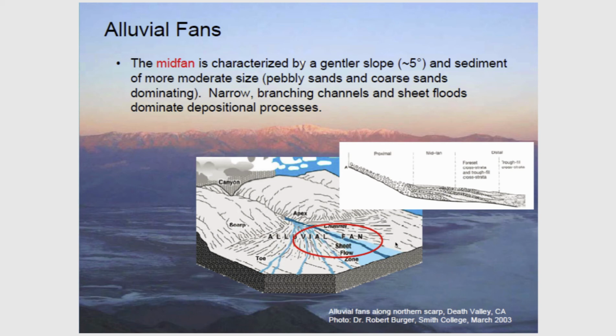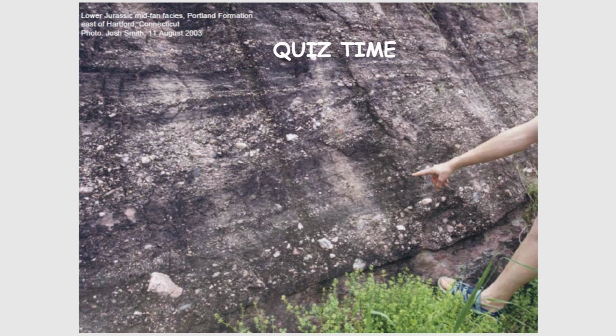So we start to have cross stratifications also in this interval. So how do they look? And the question would be here, can you recognize any cross stratification in this sandy material?